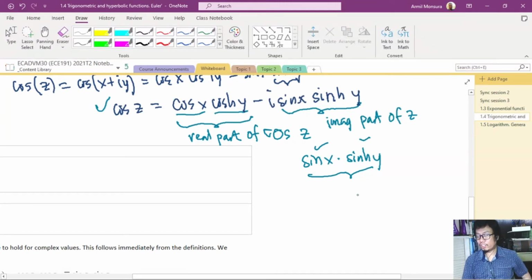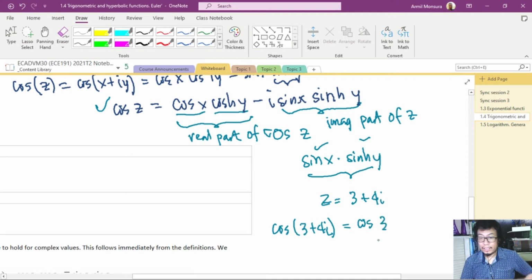As long as we know what z is, say, for example, 3 plus 4i, your cosine of 3 plus 4i should evaluate to cosine of 3 radians times hyperbolic cosine of 4, and 4 here doesn't have a unit, not radians, not angle, because 4 here might be a unit of length, for example.